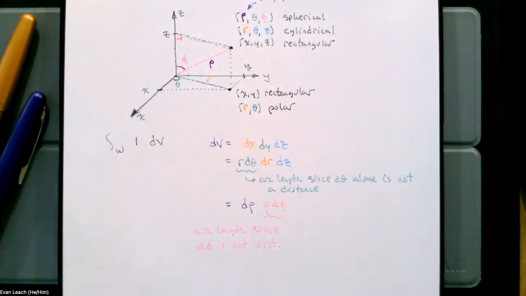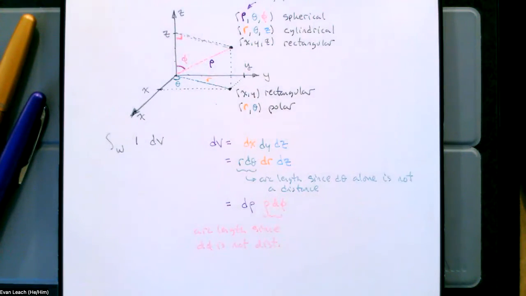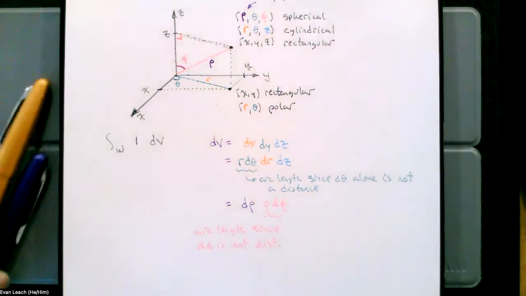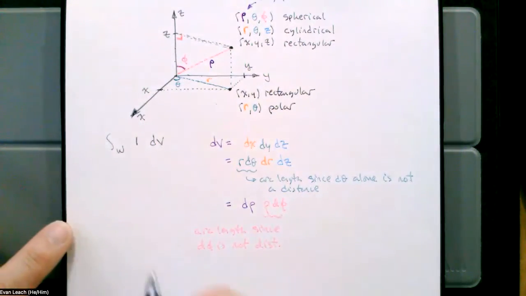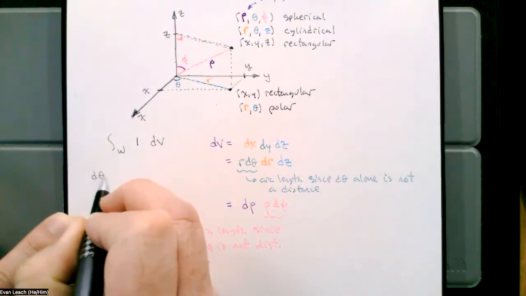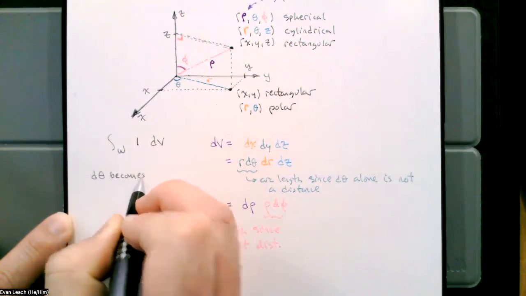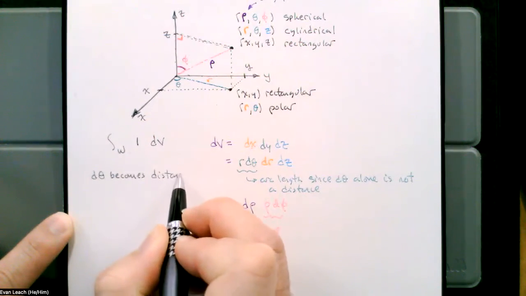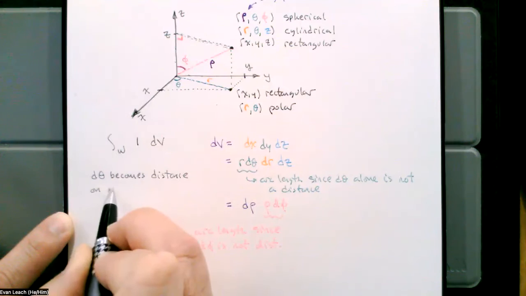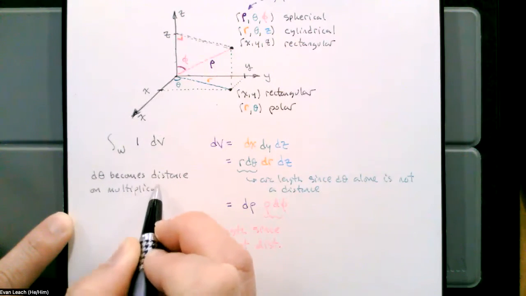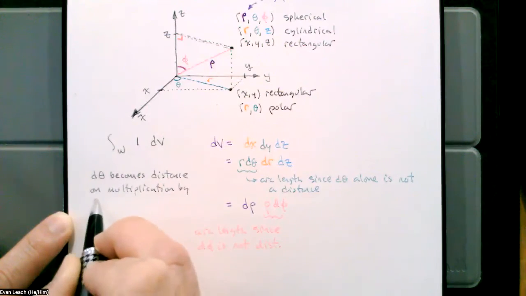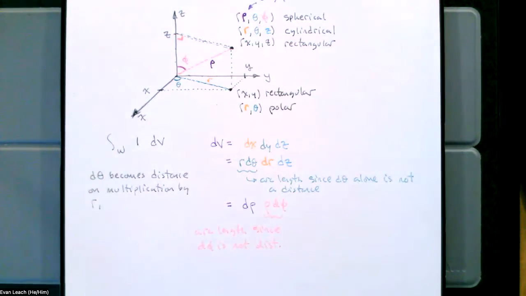So notice that d theta becomes a distance by multiplying by r, but there is no r in spherical coordinates.